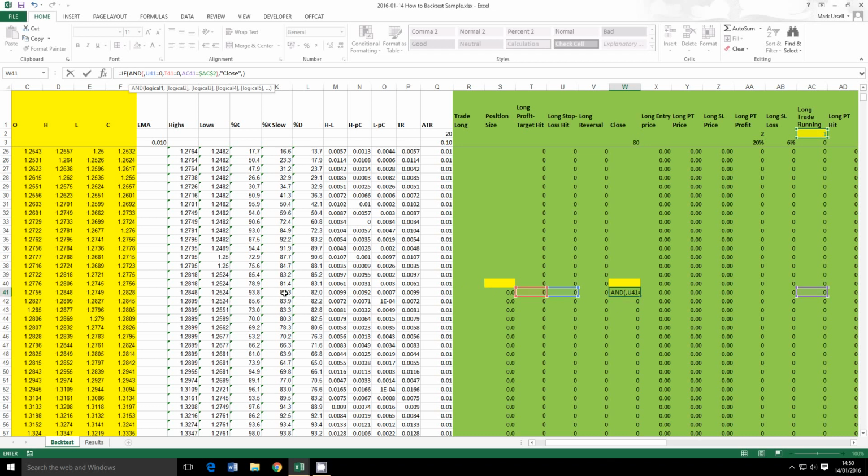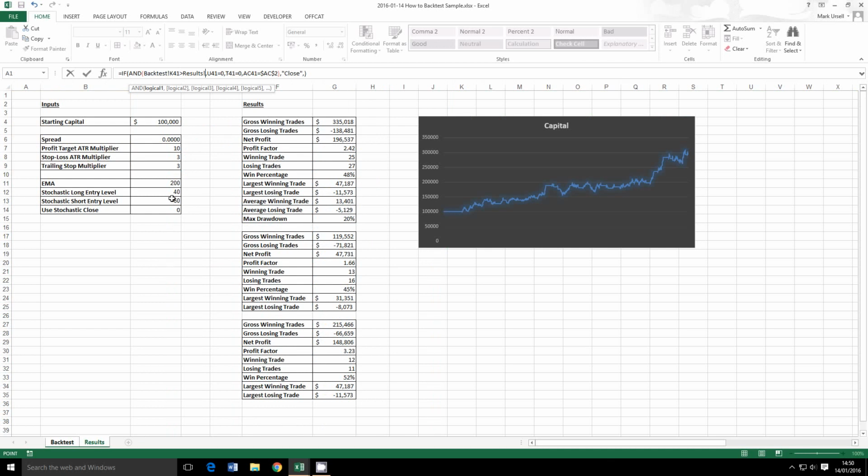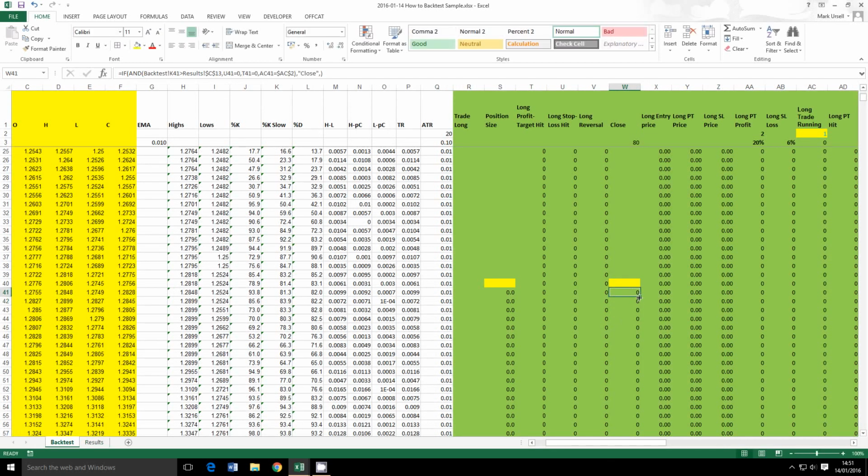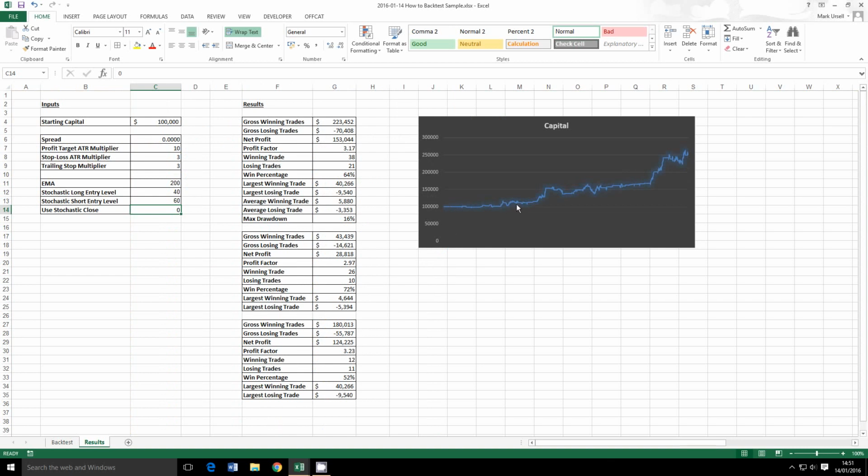So I'm going to start with the %K, and I'm going to say if the %K slow is greater than this value here, the short entry level, then we're going to close this trade. I just need to double click here, and we can see that it's automatically adjusted to change the trading strategy, and that is dynamically adjusted to change our results.